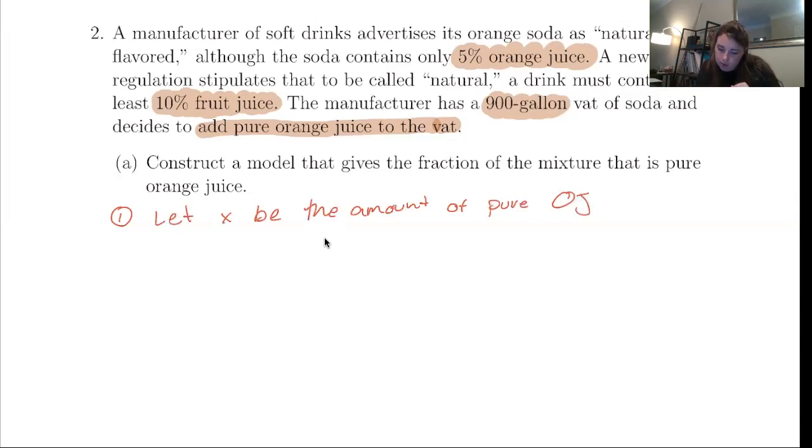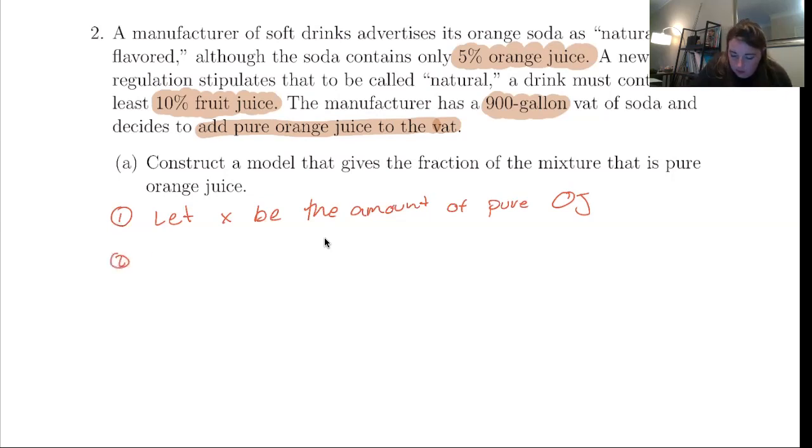It's quite fitting that we're typing in orange now. So then step 2, we're going to put words into numbers. I'm adding X gallons of orange juice to my 900 gallons.